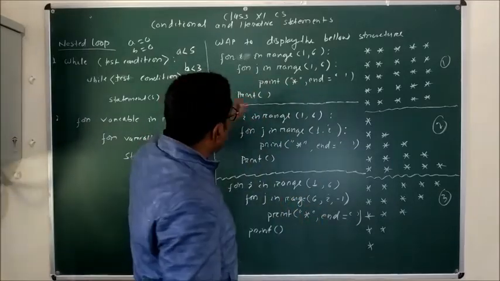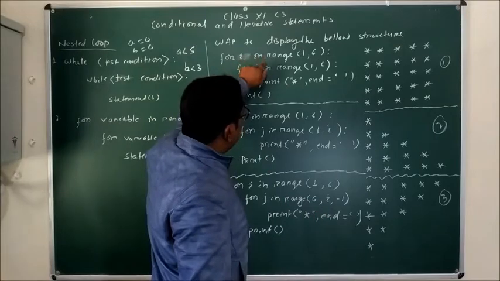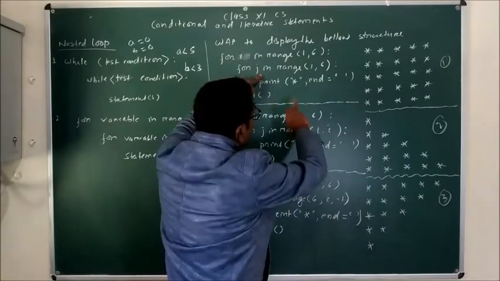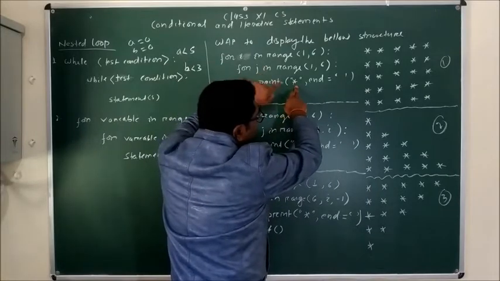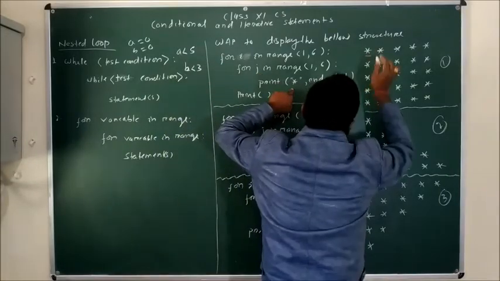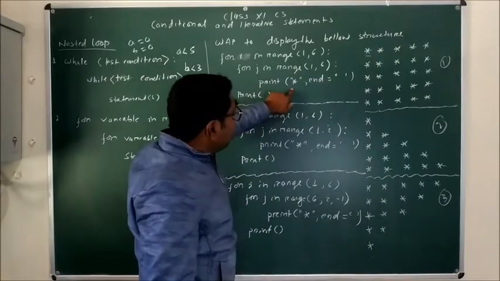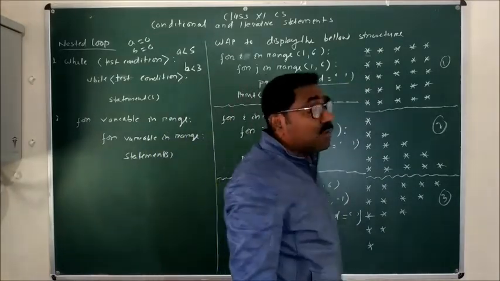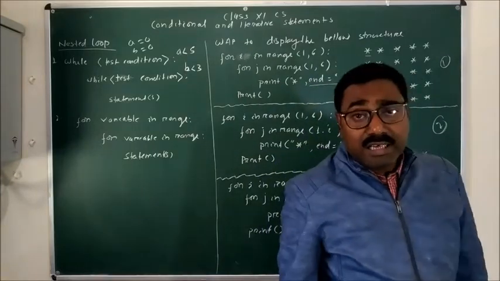So how will it execute? Now the value of i is 1, the condition is satisfied, the value of j is 1, the condition is satisfied, so print asterisk. This asterisk will be printed. After that the end statement is here. It is a new keyword we are using, the end keyword.